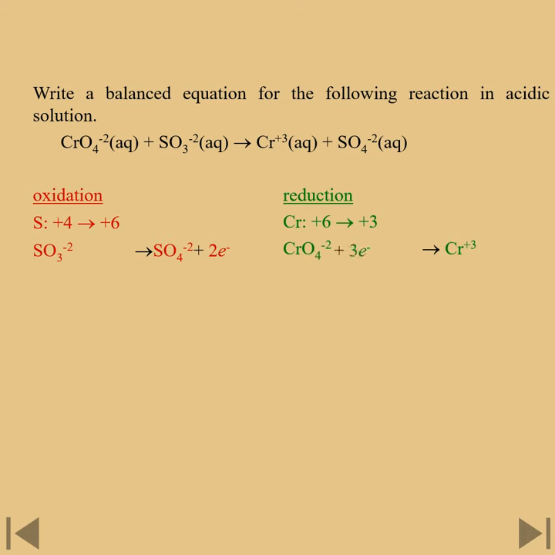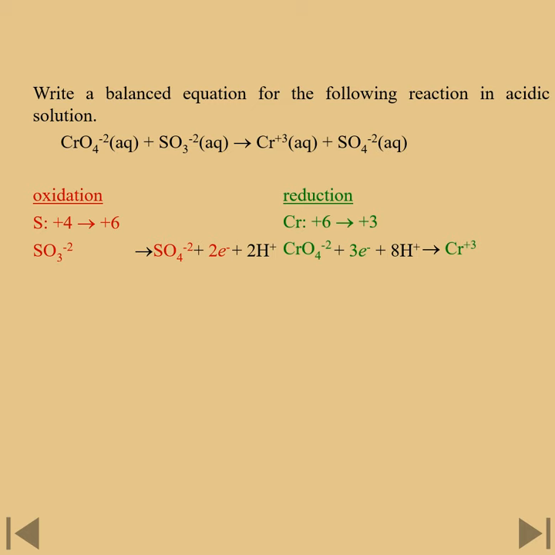Okay, step 2c is to add hydrogen ions in order to balance the charge. And for the oxidation, I have 2 negatives on the left and 4 negatives on the right, so I need to add 2 positives to the right. Now I have -2 balancing -2. And for the reduction half reaction, I have 5 negatives on the left and 3 on the right. I need to add 8 positives to the left, and now I have +3 balancing +3.